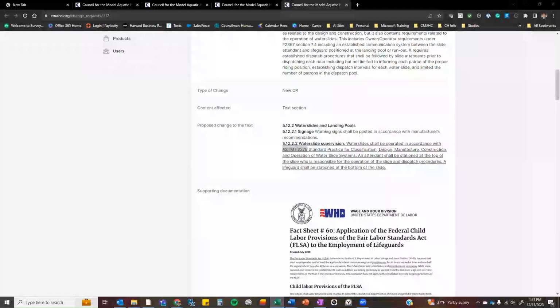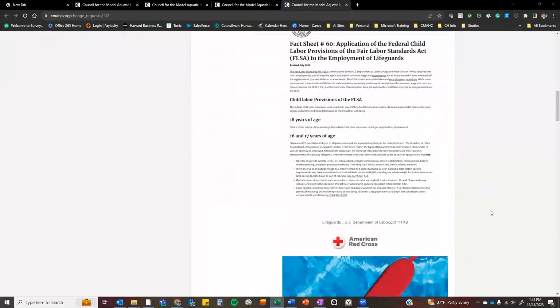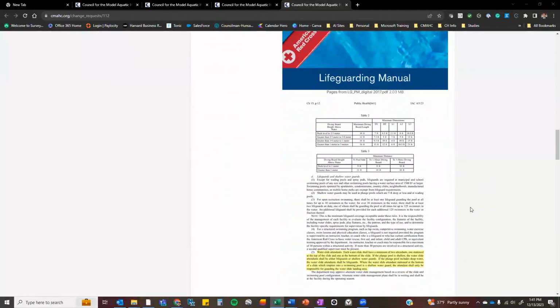Yeah, I think I would be unsupportive as well as it's currently written. Good information. And also I want to point out that in the Iowa code that he references, and is highlighted, water slide attendance, it does specifically call out water slides that are in a very shallow water pool, so like a tot slide.